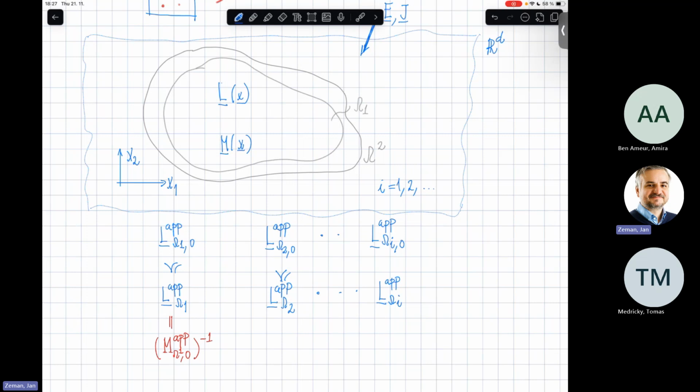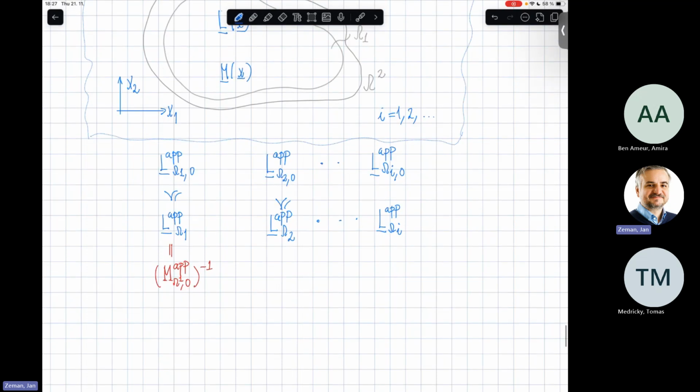I'm assuming that I'm taking larger and larger samples, which basically means that this omega I is always strictly contained in the next observation window. So these observation windows are nested and are increasing.